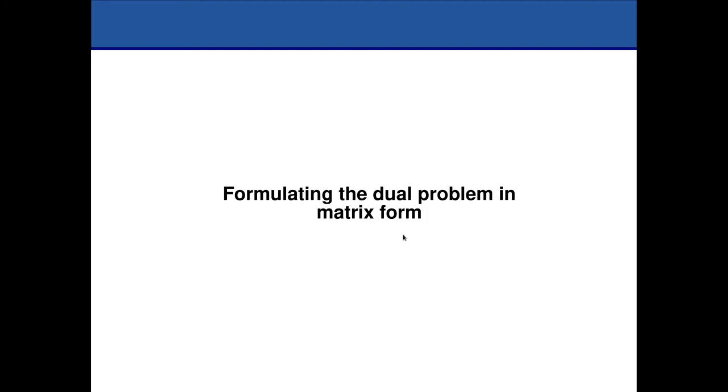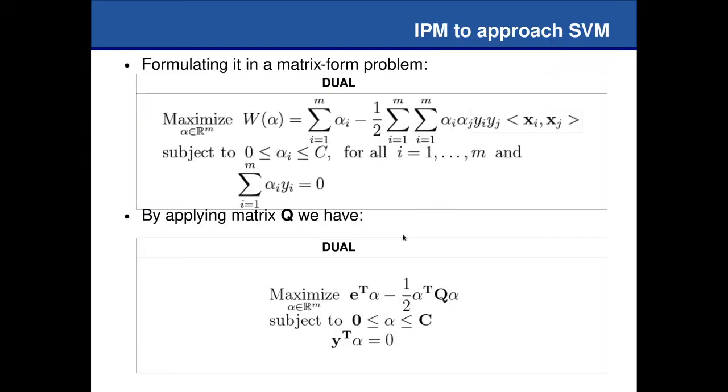Again, what can I do with my dual problem? How can I reformulate it using matrices? It's kind of easy, right? This is the Q matrix. Again, now you guys know it. It's a Q matrix. What happens with this alpha i, alpha j in terms of a sum? That's exactly the same as alpha transpose Q alpha.